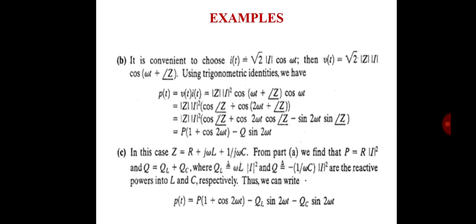Thus we can write p of t, with Q equal to QL plus QC. So the equation becomes p of t is equal to P(1 plus cos 2 omega t) minus QL sin 2 omega t minus QC sin 2 omega t.